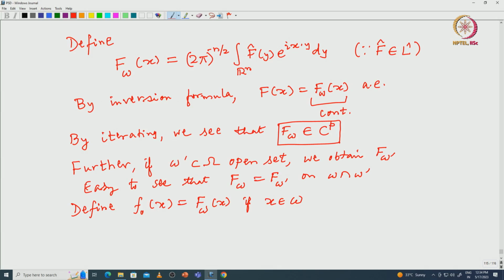Okay. So, we can always take a small ball around x and that is in omega.